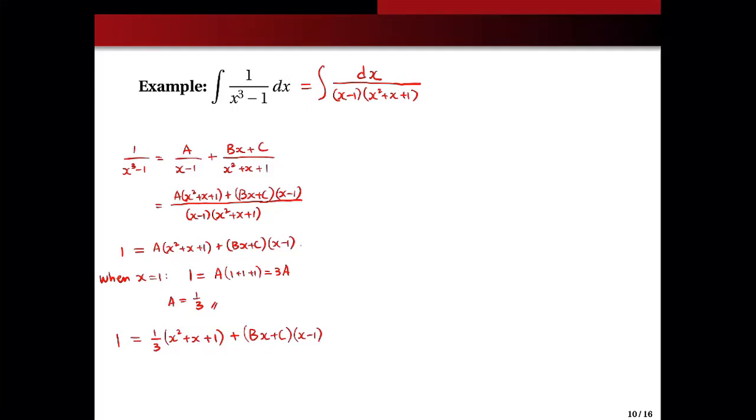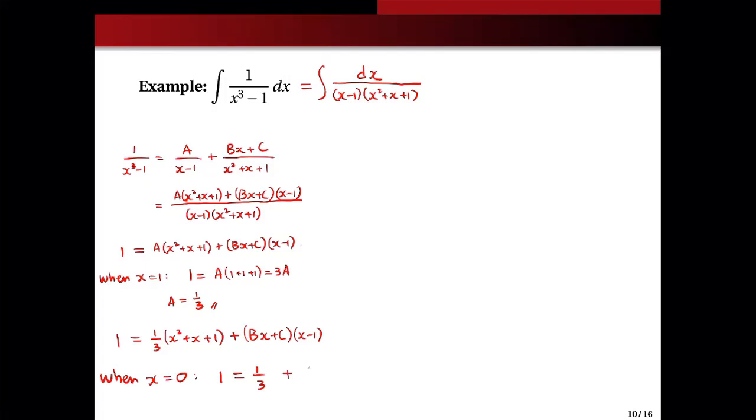So in here, look at this. If we let x equal 0, the b will disappear, so we will be left with c. So when x equals 0, the left-hand side is just 1. The right-hand side is 0 plus 0 plus 1, so we'll have 1/3 plus this guy here, which is 0.